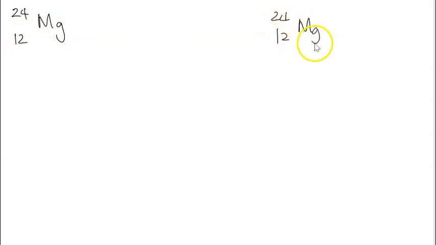Let's look at an example of an atom versus an ion. For example, magnesium-24 with atomic number 12, and magnesium-24 2 plus.